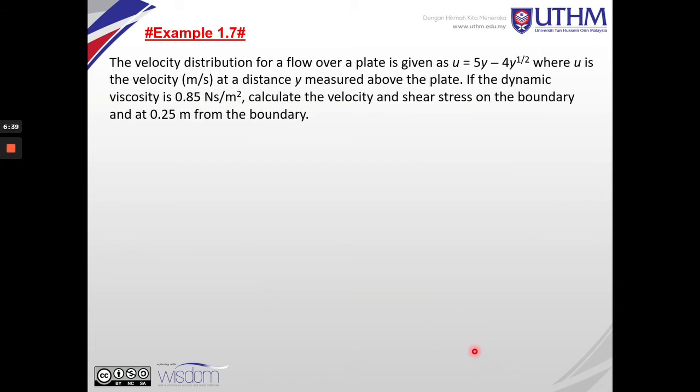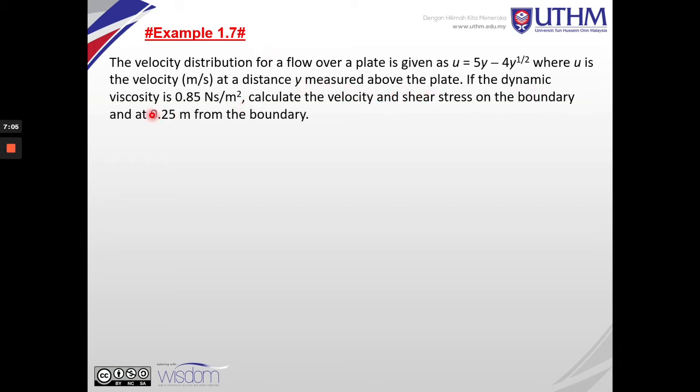Look at example 1.7. The velocity distribution for a flow over a plate is given as this one, where u is the velocity in meter per second at a distance y measured above the plate.